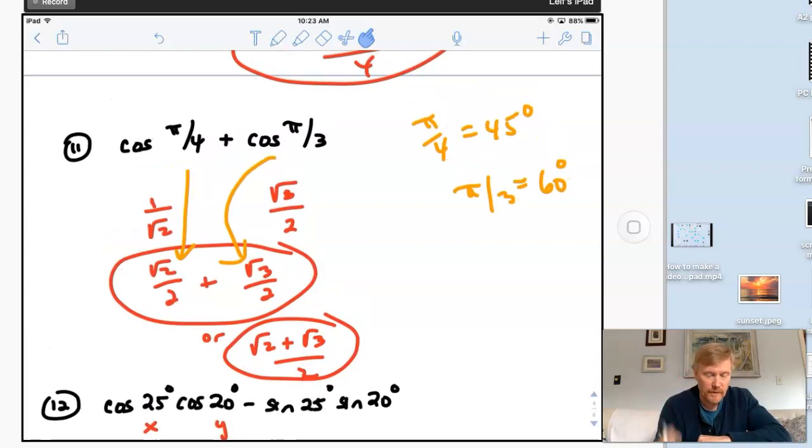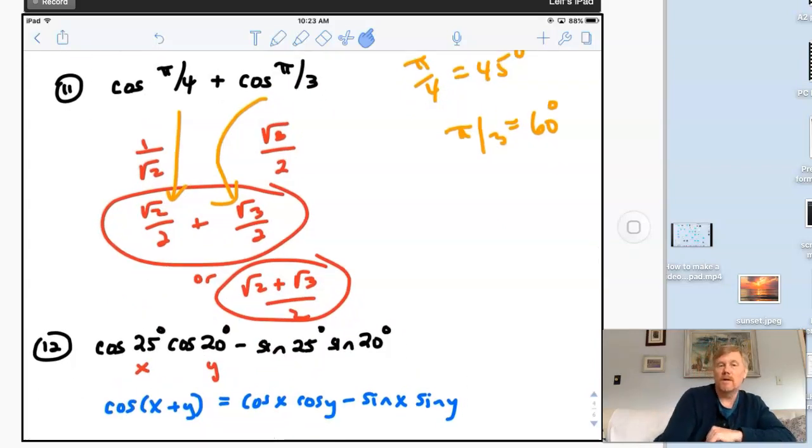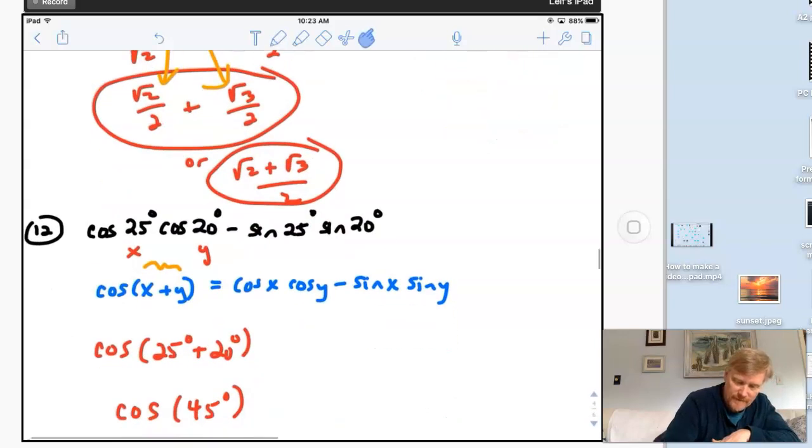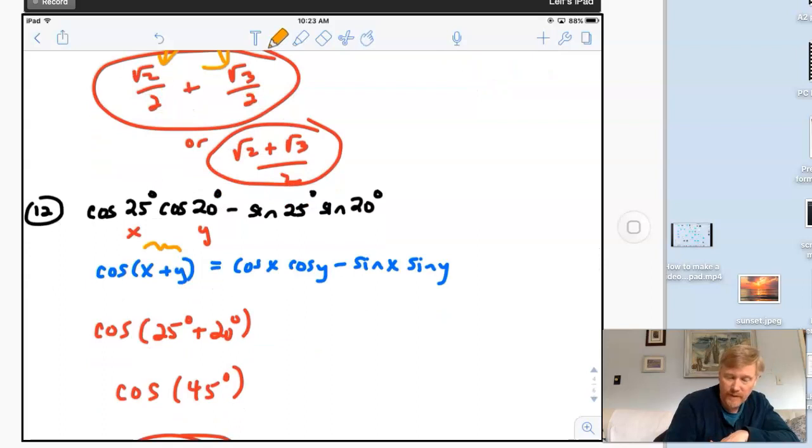So this is one where I'm looking at the formula because this is an addition kind of problem. Cosine, cosine, sine, sine. That's the cosine sum formula, which means x would be 25 and y would be 20. I can add those two together, and I get the cosine of 25 plus 20, which is the cosine of 45.